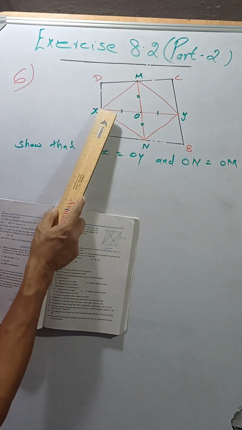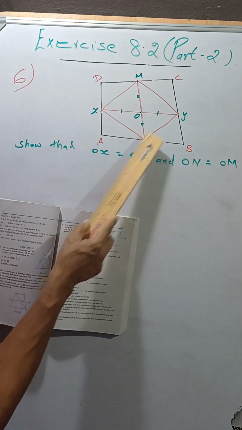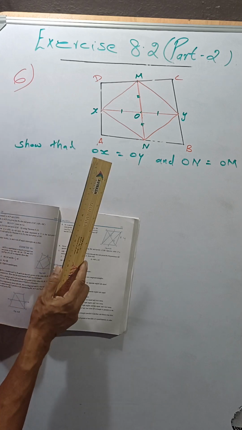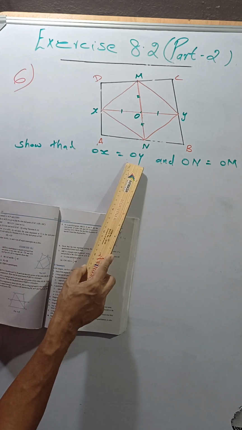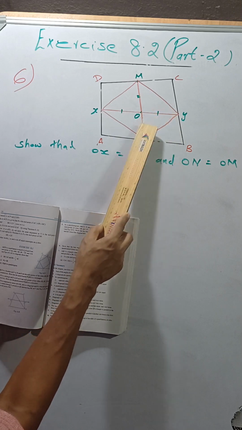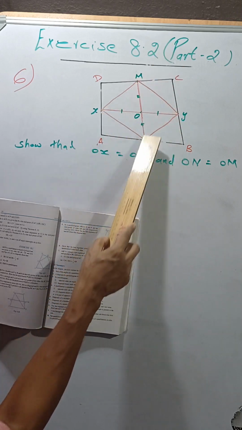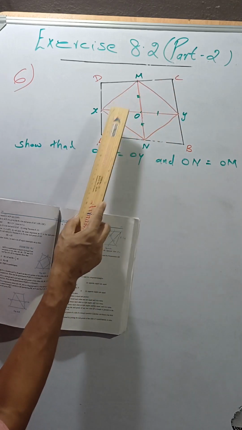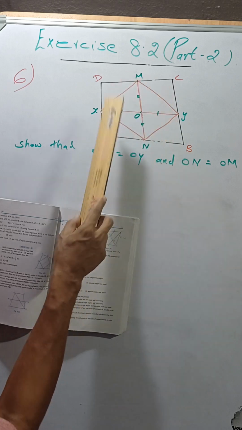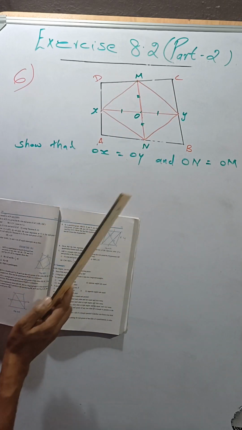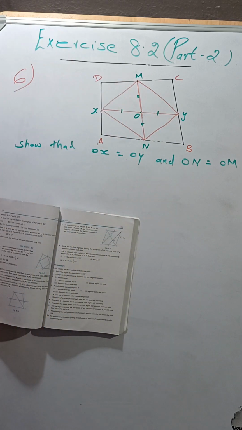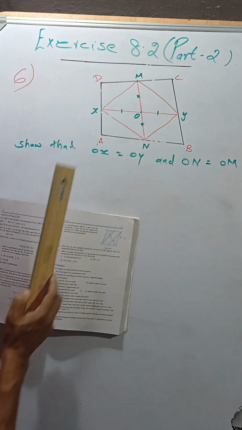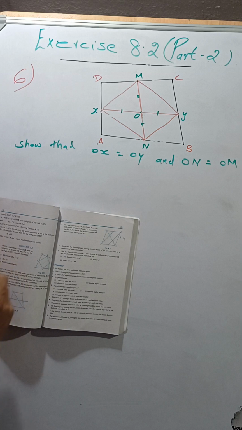If we can prove that this quadrilateral XNYM is a parallelogram, we can easily say that OX and OY are equal, because these are the diagonals of this quadrilateral. If it is a parallelogram, we can say the diagonals of the parallelogram bisect each other. So here we need to prove only that this is a parallelogram. Then we can say the diagonals of the parallelogram bisect each other.